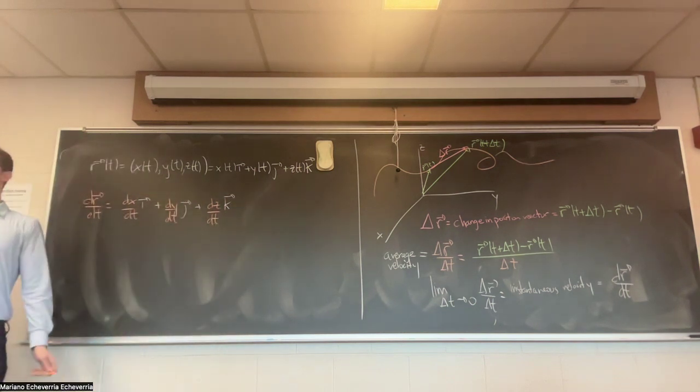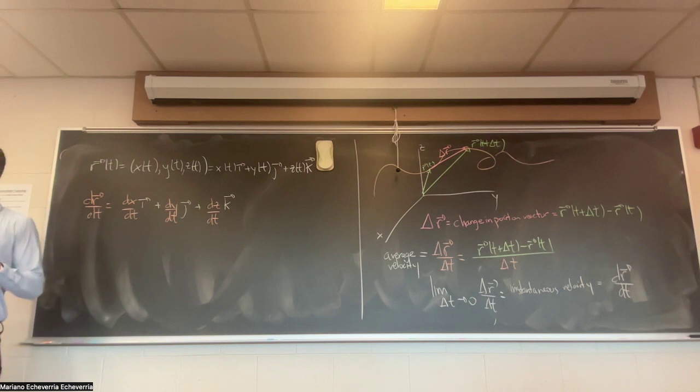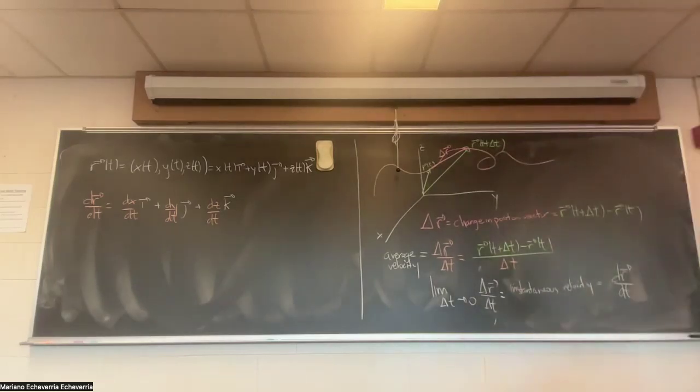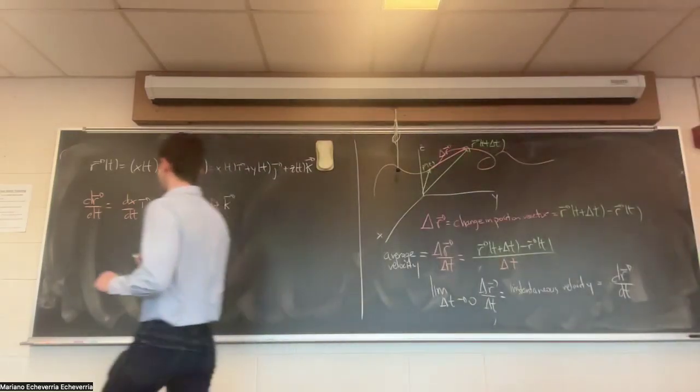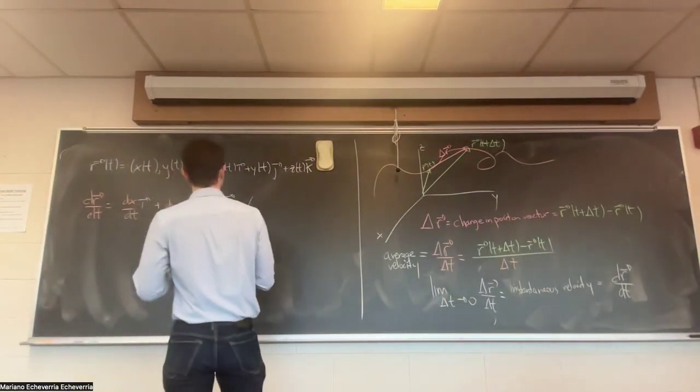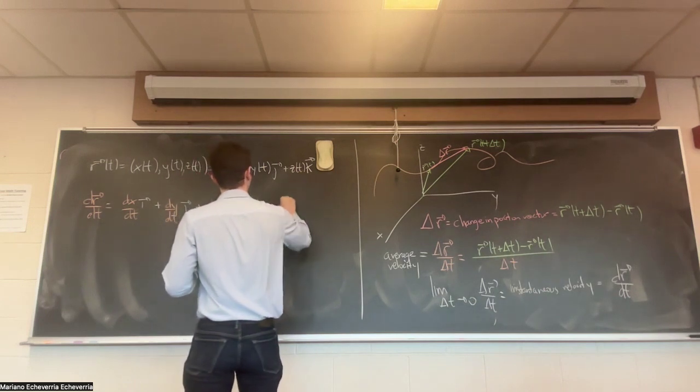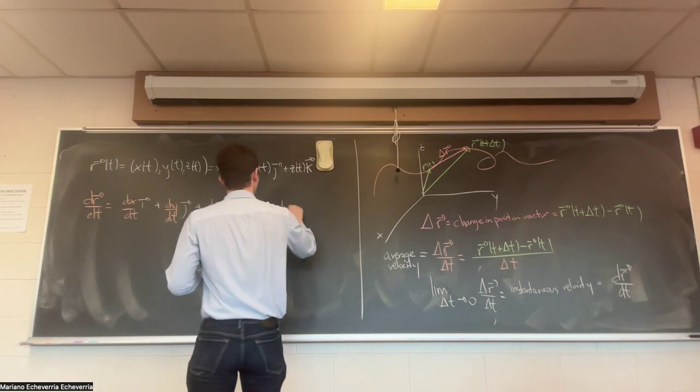Meaning that to take a derivative with respect to time, you just take the regular calc one derivatives of each of the coordinates. Or if you prefer to write it this way, it is the same as dx/dt, dy/dt, dz/dt.